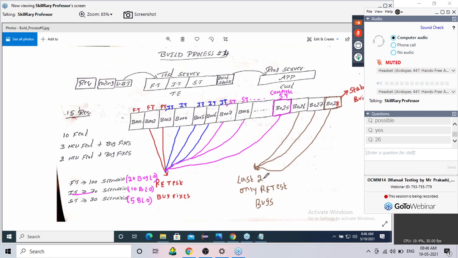Last few means last 2 to 3 builds. In the last 2 to 3 builds, we are only busy in retesting of the bugs. Is my statement correct? In any project, in the last 2-3 builds, we don't do any type of testing. We are only busy in retesting of the bugs.